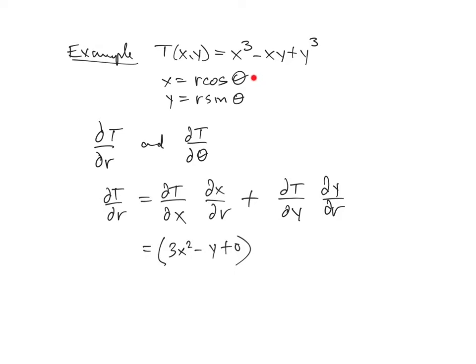We look at this function up here. The derivative of x with respect to r is simply cos theta. Plus the partial derivative of T with respect to y, that's going to be negative x plus 3y squared, times the partial derivative of y with respect to r, which is going to be sine theta.